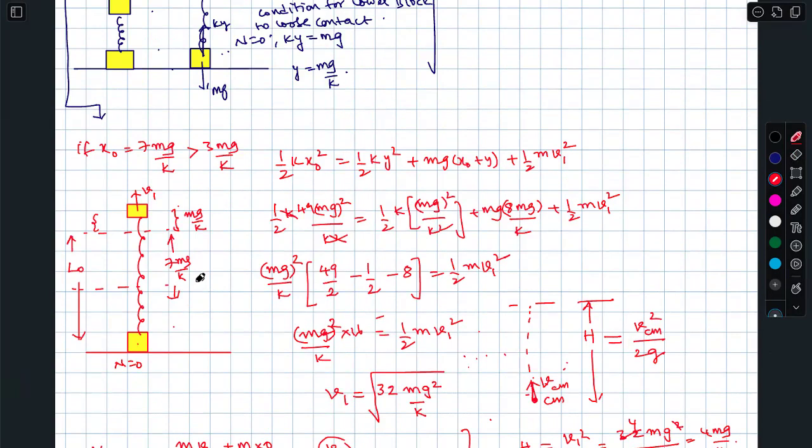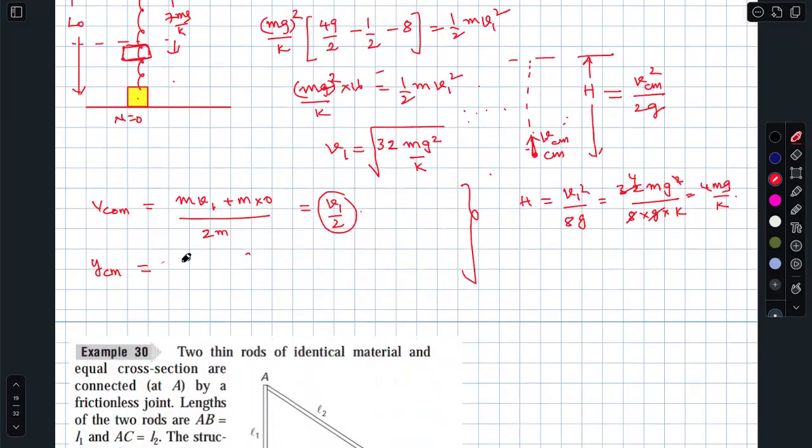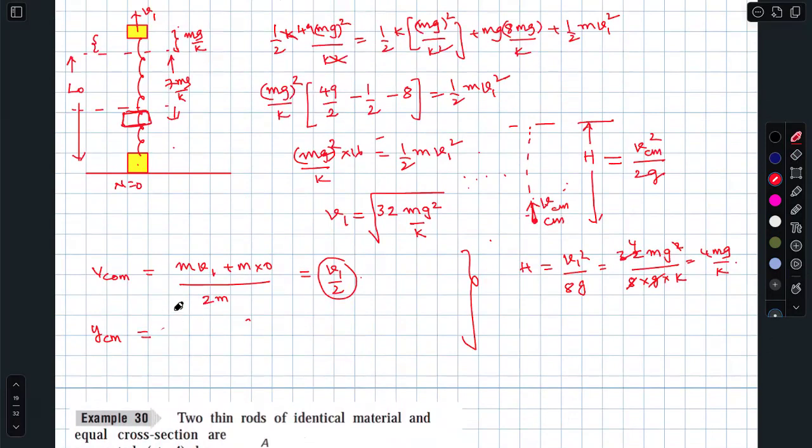So, the block is here initially. So now what is the location of the block? YCM initially. Where is YCM initially?